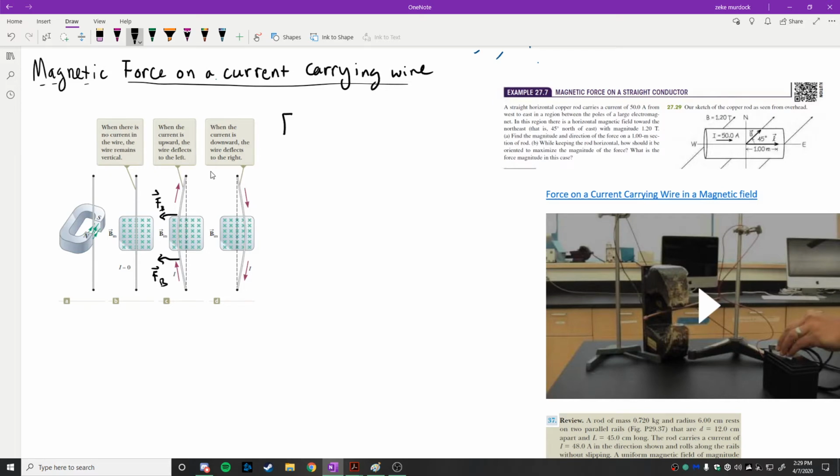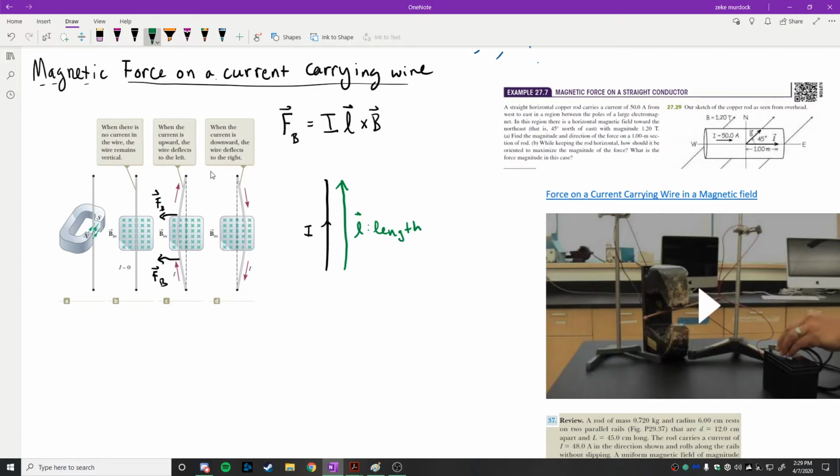The way that you define this force is you say the force is equal to the current in the wire multiplied by a length vector associated with the wire crossed with the magnetic field. So if I have current that's flowing up like this, and I say the length of my wire is like that, call that L, you kind of need a vector for this.